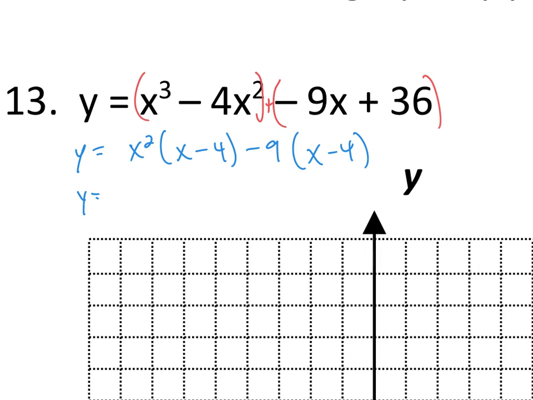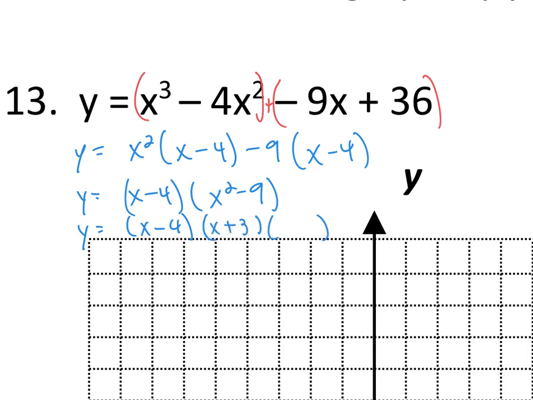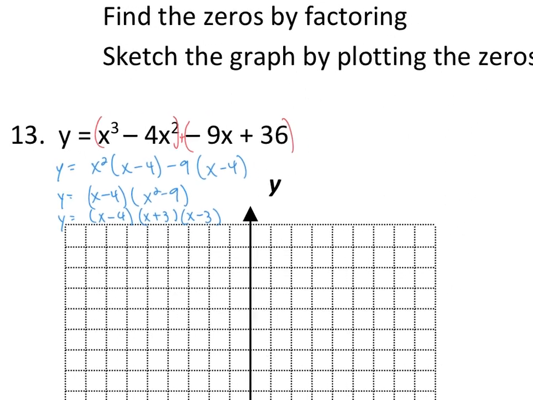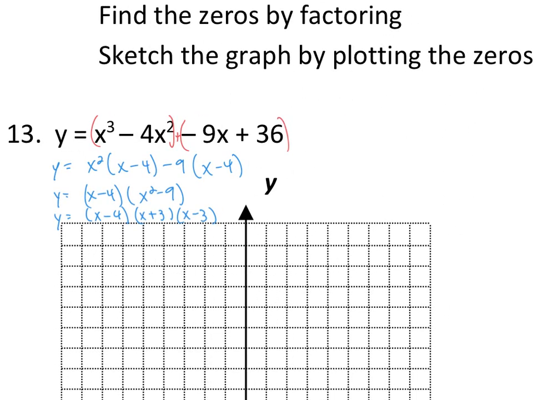And then we can pull out that x minus 4. And we're left with x squared minus 9. And then x squared minus 9, we just did this like 2 times on the other page. This factors into x plus 3, x minus 3. So, in order to find where we cross the graph, let's set each of these equal to 0 over here.